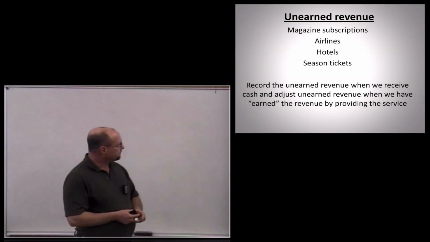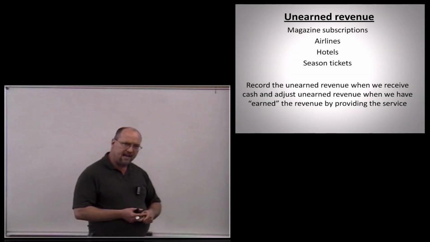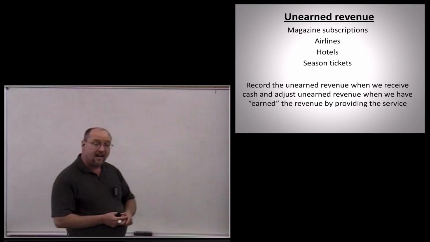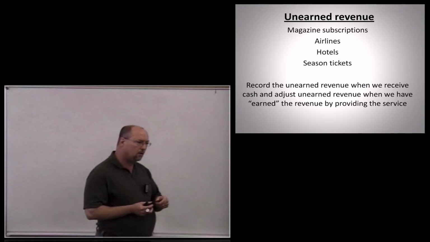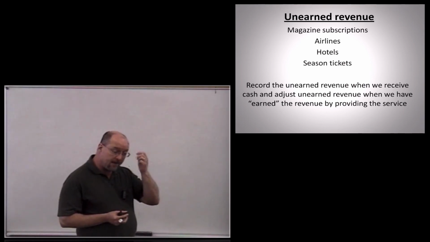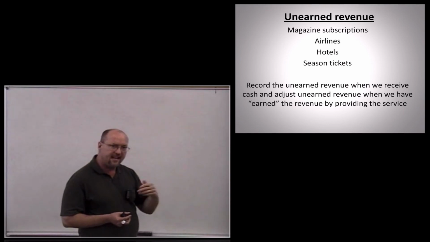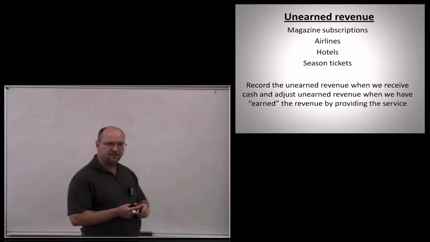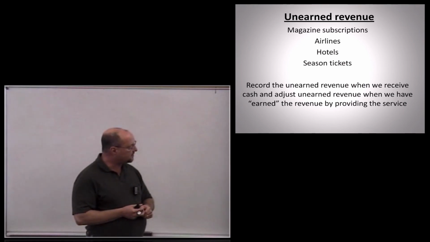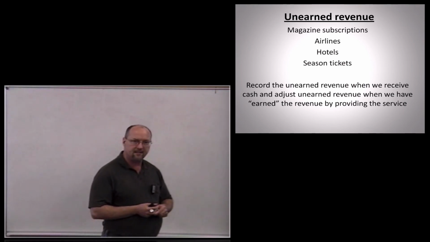Unearned revenue. When you have a magazine subscription, you typically pay in advance, and then each month or each week, depending upon the frequency of the magazine, as the company mails you that magazine, they can then recognize revenue because they've earned it. You typically buy airline tickets and book hotels and pay for them in advance.